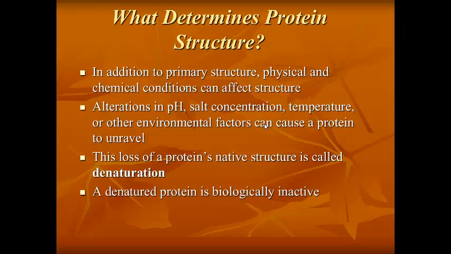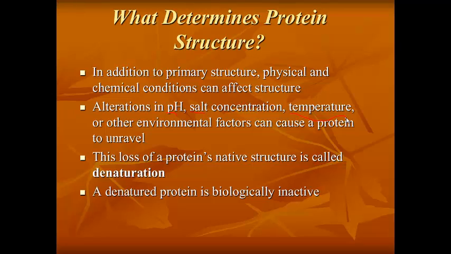A couple of factors can alter the structure of a protein. pH, changes in pH, either pH becoming too high or too low, changes in salt concentration or salinity, and changes in temperature.